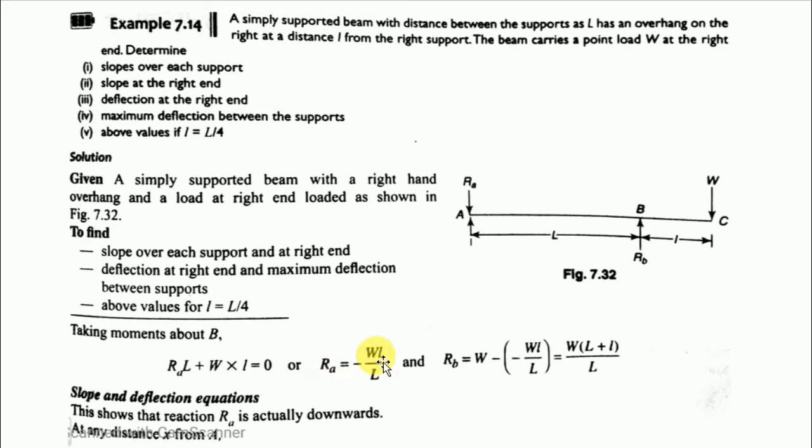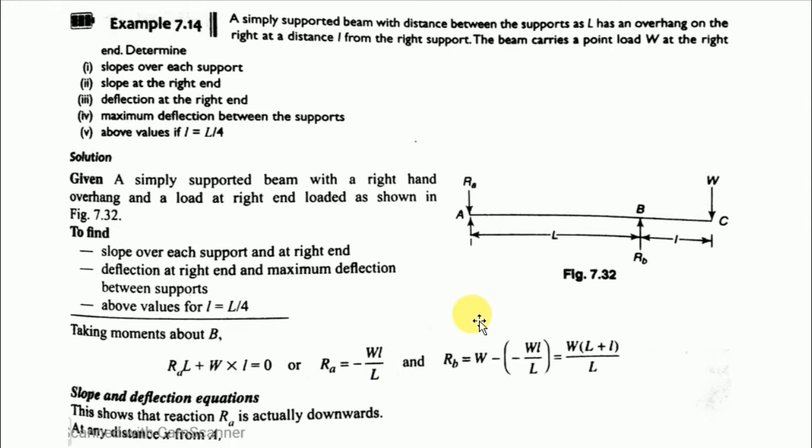Then the value of RA is negative Wl by L, where small l and capital L. That shows that the reaction RA in the upward direction has a negative value. That means the real RA is acting in the downward direction, having the positive value of Wl upon L. If we put this value upside down, then the RA value is going to be positive.